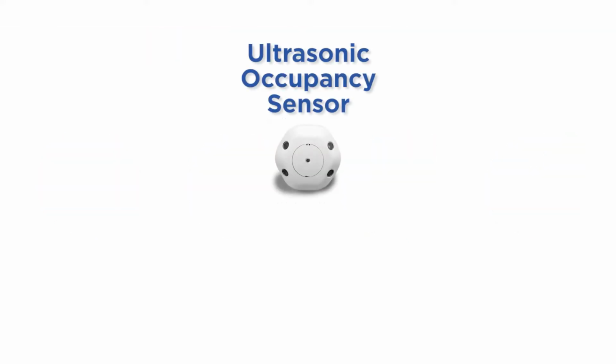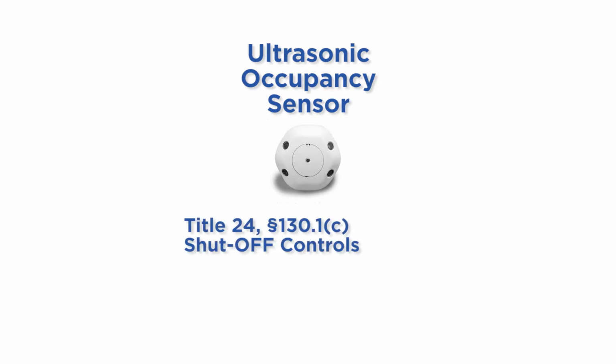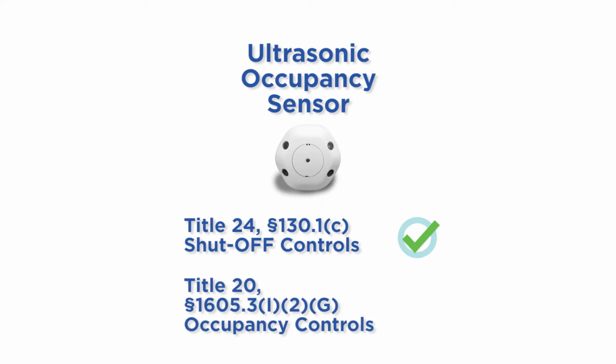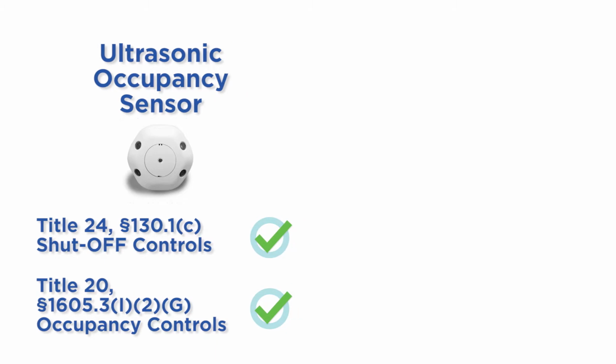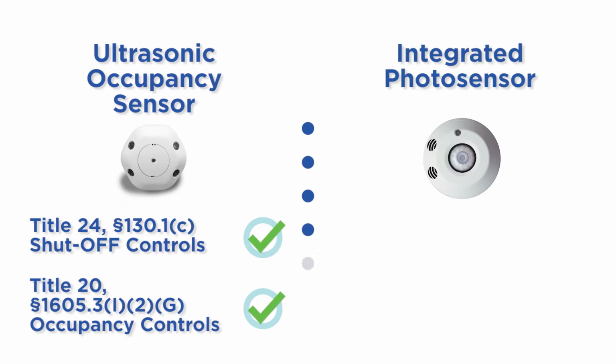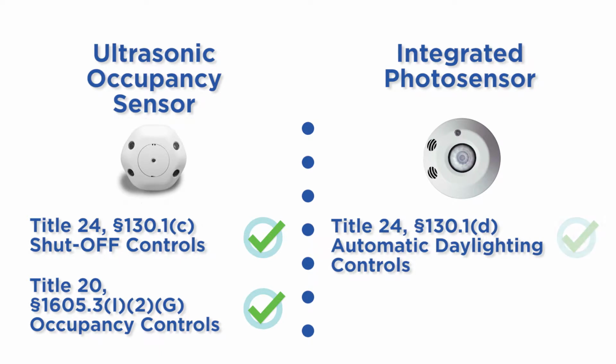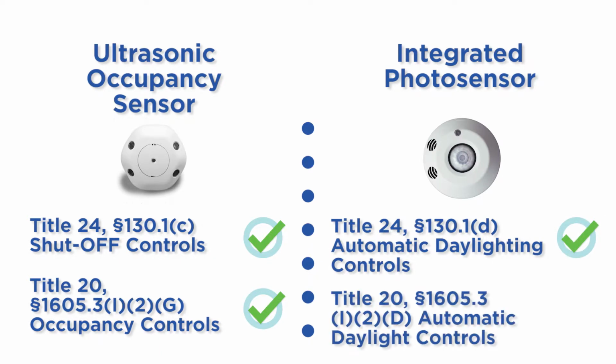For example, if an ultrasonic occupancy sensor is installed to comply with the shutoff control requirements contained in the energy standards, then it must comply with all the specific device requirements for an occupancy sensor contained in Title 20, Section 1605.3. If that same device also contains an integrated photo sensor and is intended to serve as part of a daylighting control system, then it must also comply with all of the applicable requirements for a daylighting control contained in Title 20.